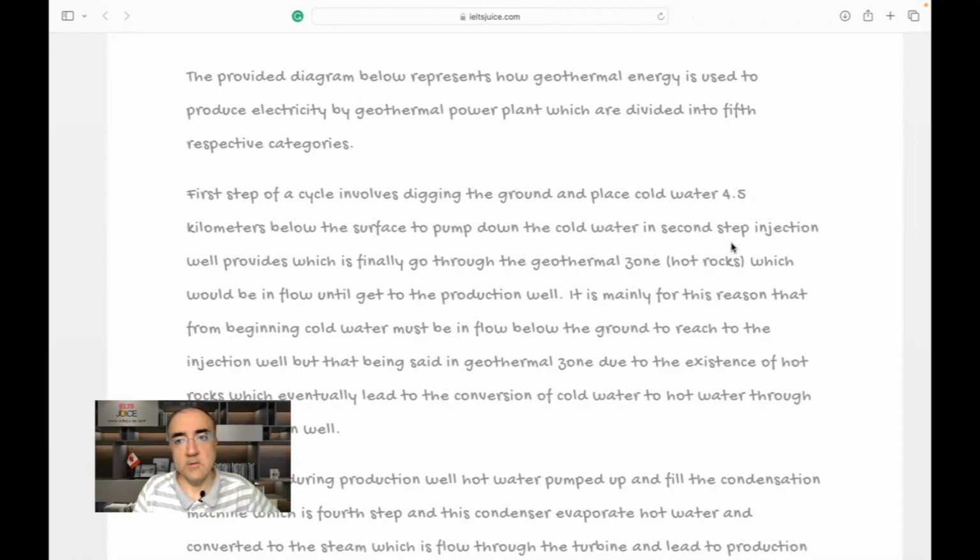The cold water in the second step, injection well.